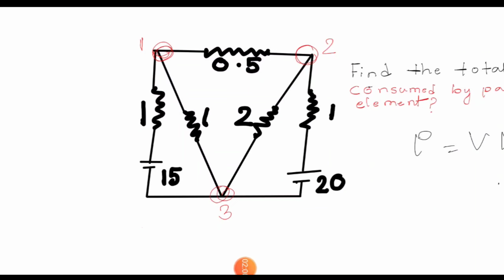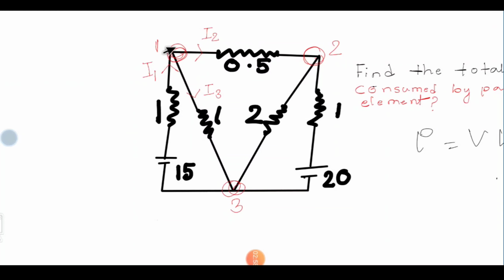Now using KCL we will distribute the currents in every branch. Suppose here the current direction is this way. Suppose this is I1, in this direction the current is I2, and in this direction the current is I3. After applying KCL at node number 1, we will apply KCL for node number 2.